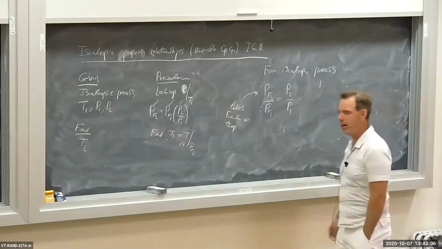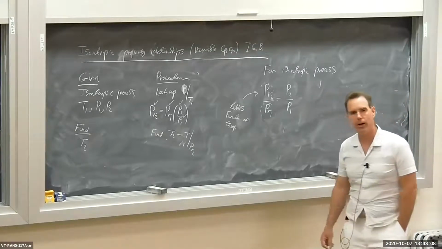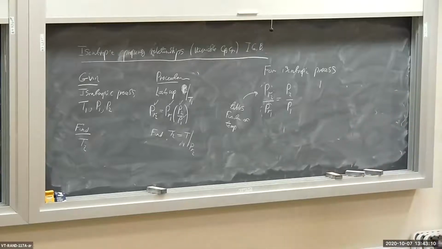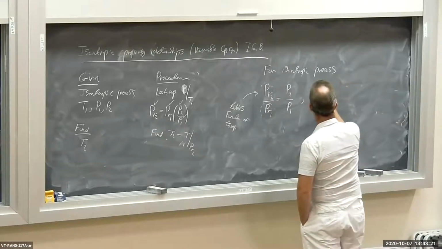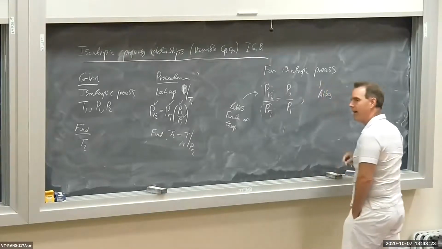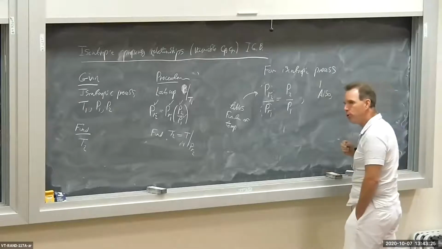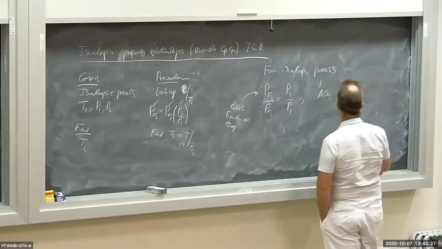By the way, there's another way to do this. Let's say you had temperatures and volumes instead of temperatures and pressures. You can relate volumes to reduced volumes, which are a function of temperature.